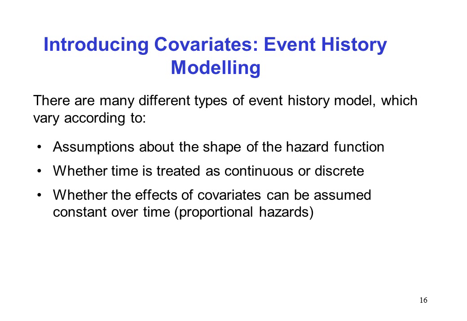Now we get to a bit more interesting analysis when we introduce some covariates or explanatory variables. There are many different types of event history model that you can fit. Crudely speaking, there are three main factors to take into account when you're choosing the method.